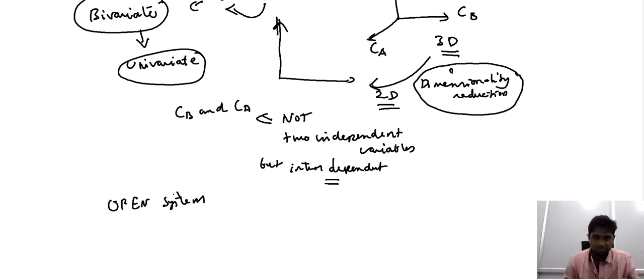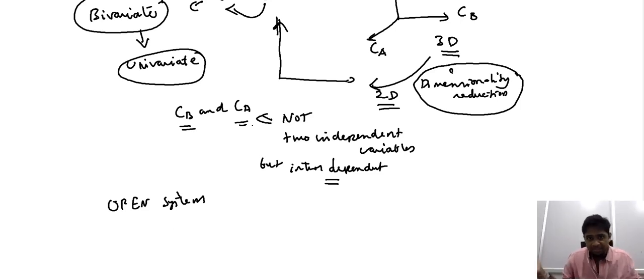When you allow the flow of mass in and out of the system, we don't have any control over the content, by which I mean CA and CB. Therefore, establishing that these two variables are interdependent in an open system is quite difficult. So we have a system that comprises a base metal and an alloying element, and now this system is open.